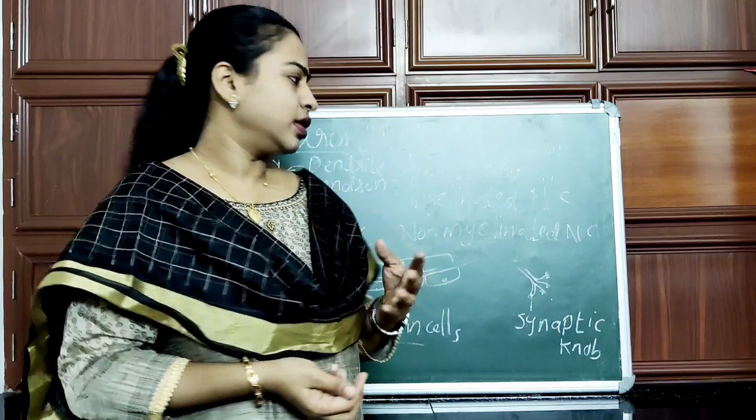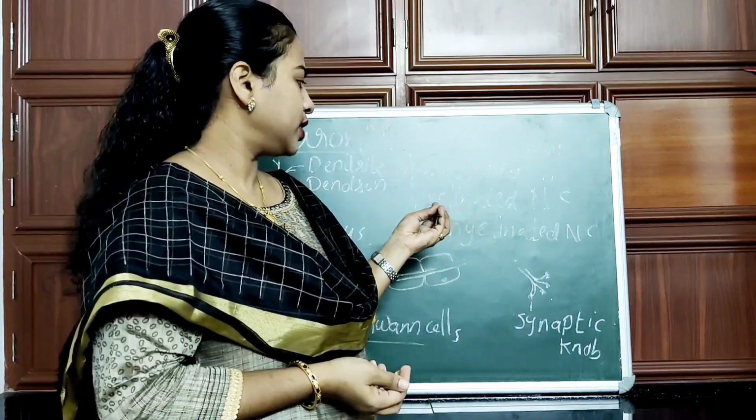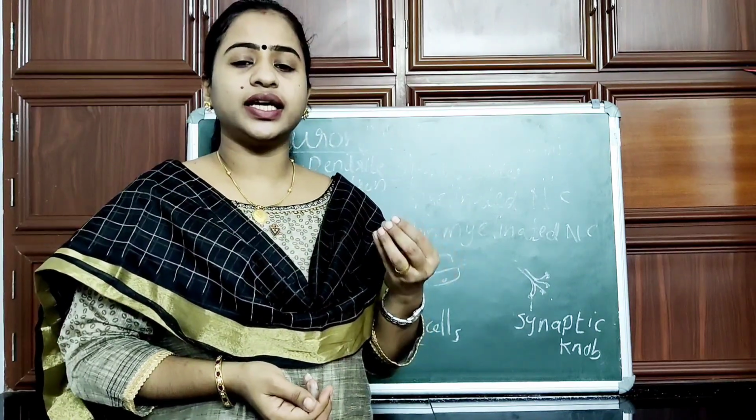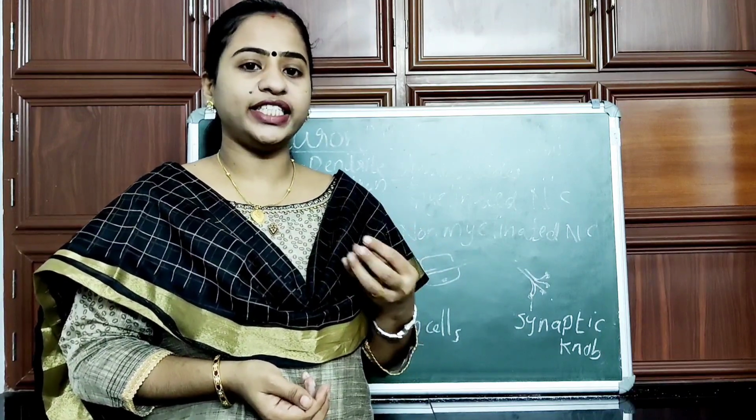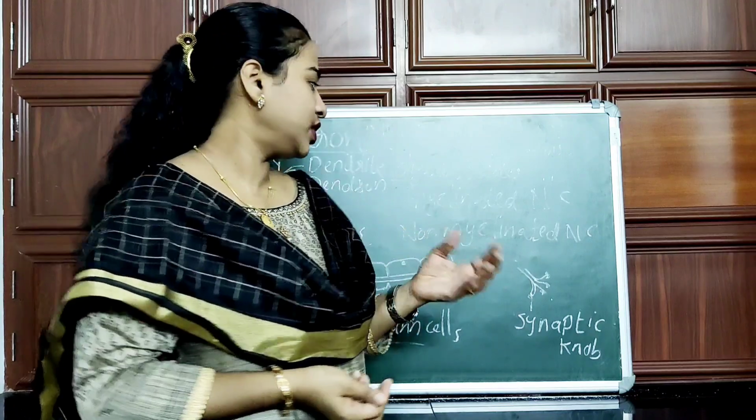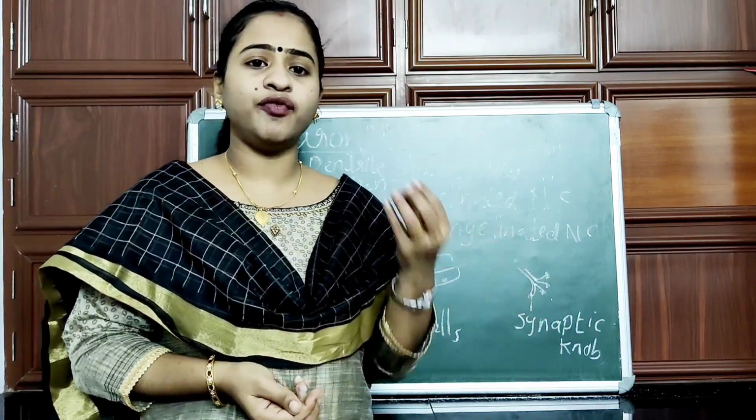Actually, we already said that the myelin sheath is a lipid containing layer, so it is white in color. Wherever the myelin sheath is present, it will be white in color.